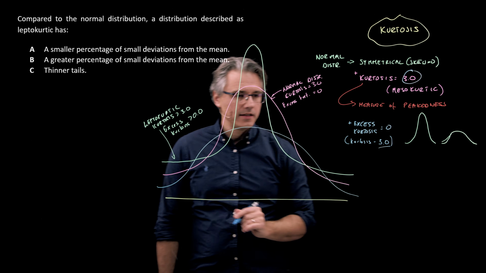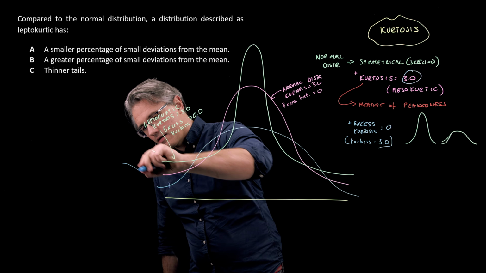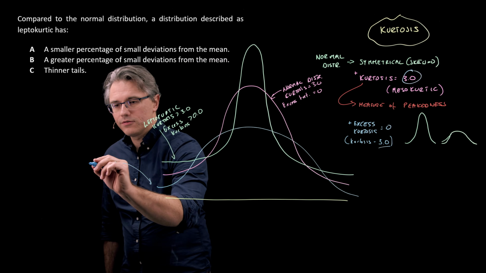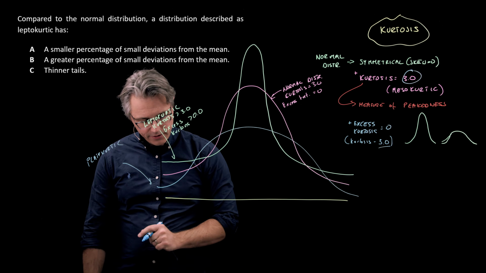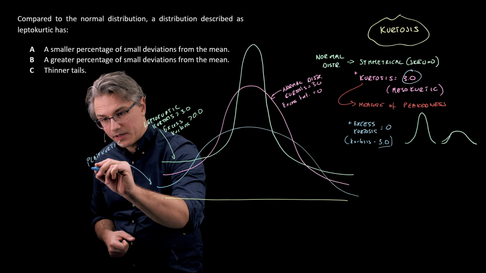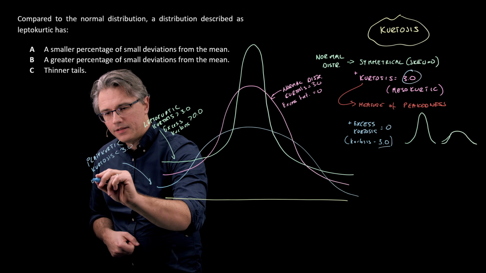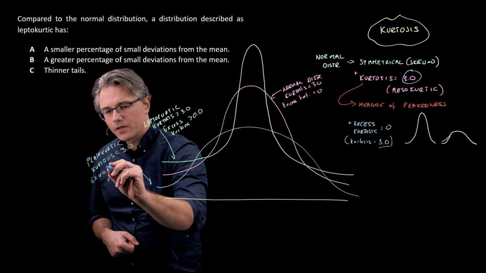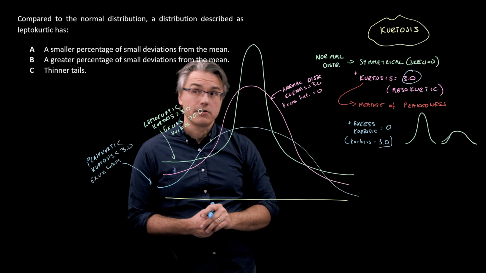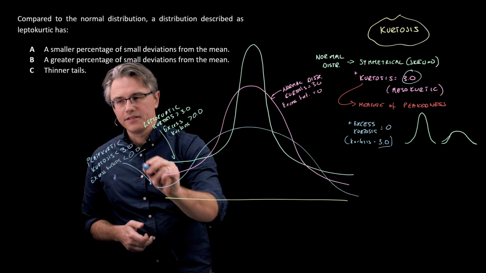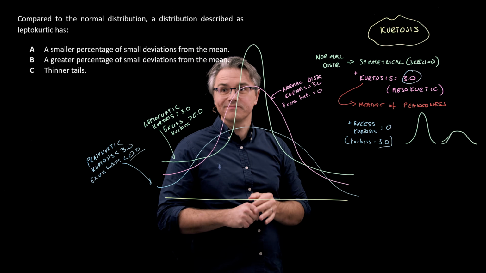Okay, that's not too bad. So this is a platykurtic distribution. And it's going to have a kurtosis which is less than 3 because it's less peaked. And its excess kurtosis is going to be less than 0. It's got negative excess kurtosis.